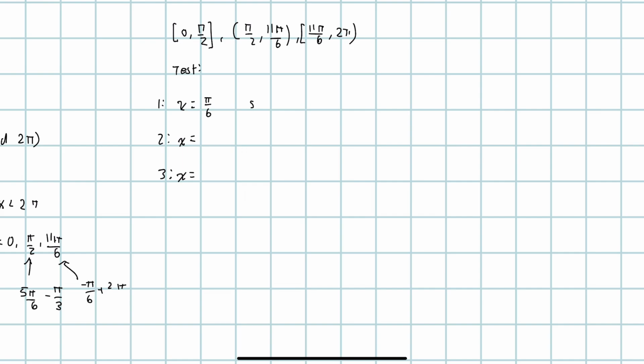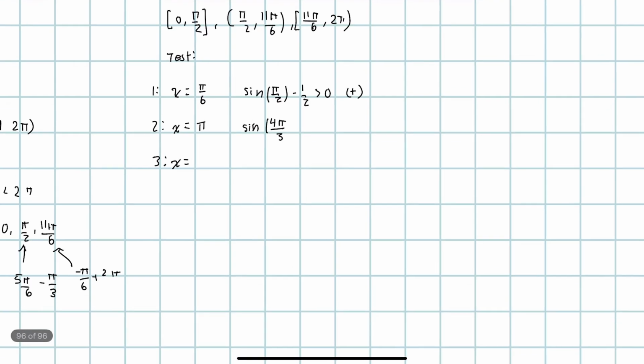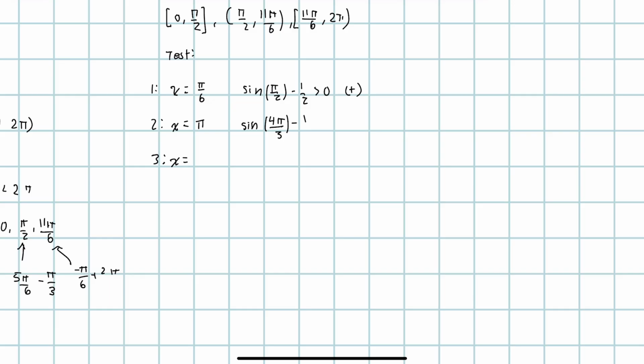Let's have sine of pi over 2 minus 1/2 is greater than 0, so that will be positive. And then sine of 4 pi, which is going to be 240 degrees, minus 1/2, that's going to be less than 0, so that's going to be negative. And then let's say we have sine of 23 pi over 12, so that's going to be 9 pi over 4 minus 1/2, so that's going to be greater than 0, so then this answer will be positive.